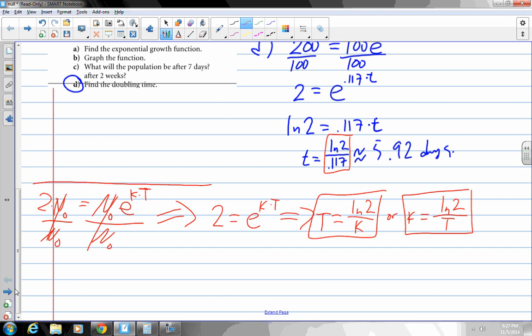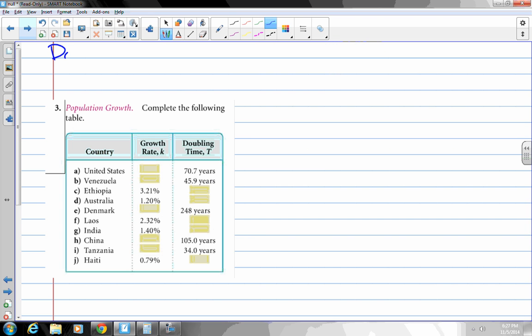So we're just going to write these two down. These are little quick formulas so we don't have to solve equations of that type. So for doubling time, either k equals ln of 2 over big T, or big T equals ln of 2 over k.